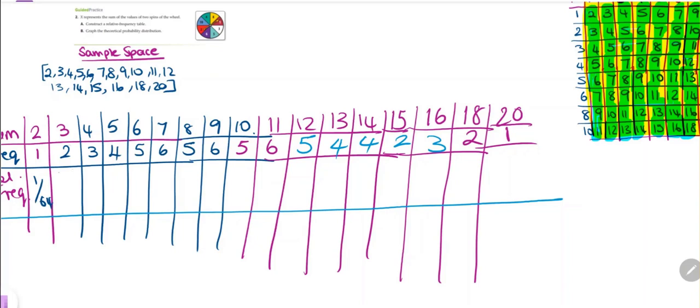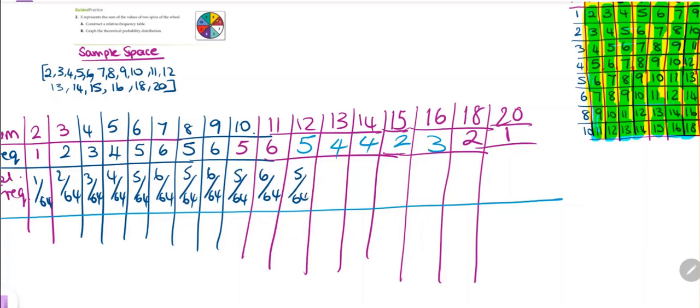We have 2 out of 64. 3 out of 64. 4 out of 64. 5 out of 64. 6 out of 64. 5 out of 64. 6 out of 64. 5 out of 64. 4 out of 64. 4 out of 64. 2 out of 64. 3 out of 64. 2 out of 64 and 1 out of 64.